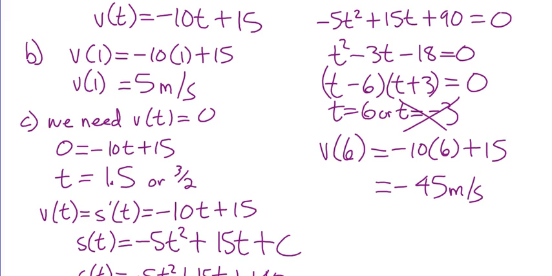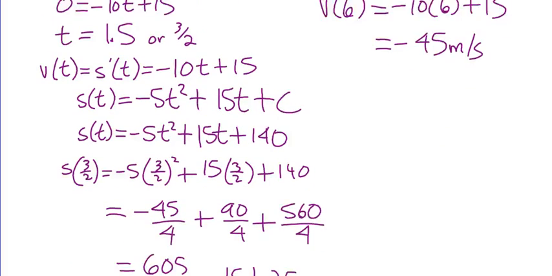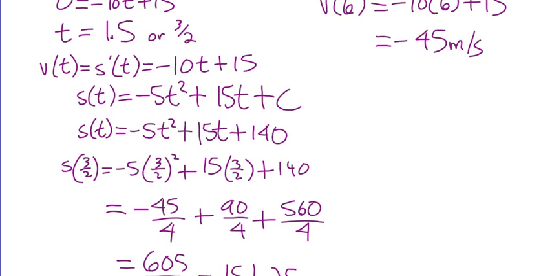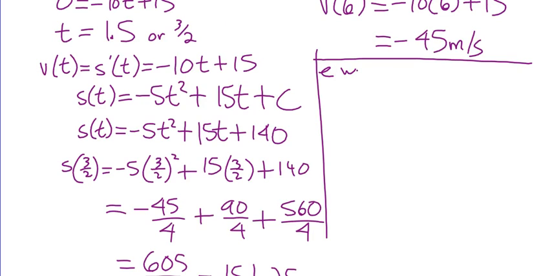All right. That was D. E: the velocity of the object as it hits the ground. So when it hits the ground, what's going on? Height is 0. So for E, we need t when s of t is equal to 0.